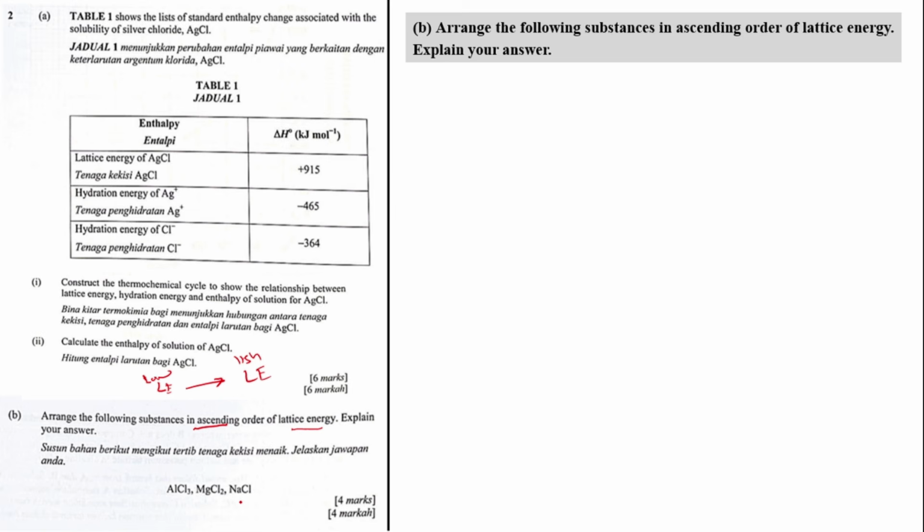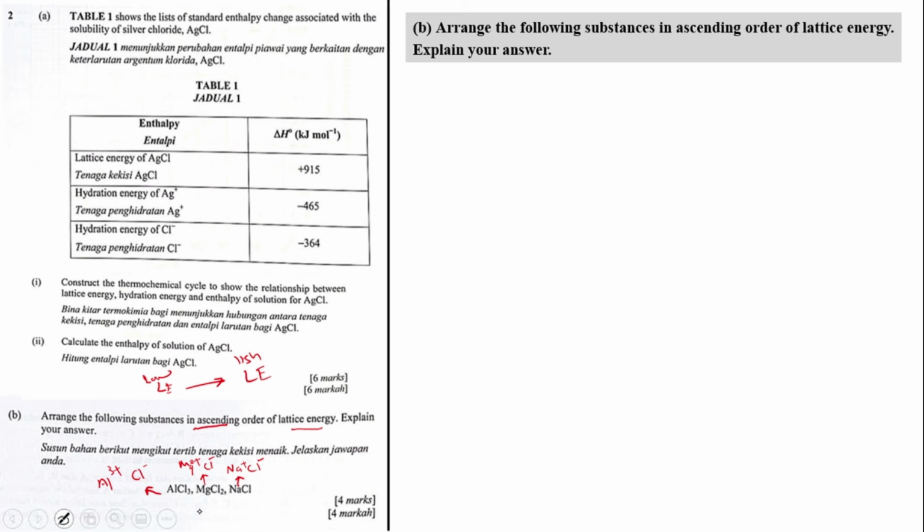So from here we can say that this ionic solid consists of cation as well as the anion. So we're going to have Na plus Cl minus. For here, we're going to have Mg2 plus and Cl minus. And from here, we're going to have Al3 plus and Cl minus.